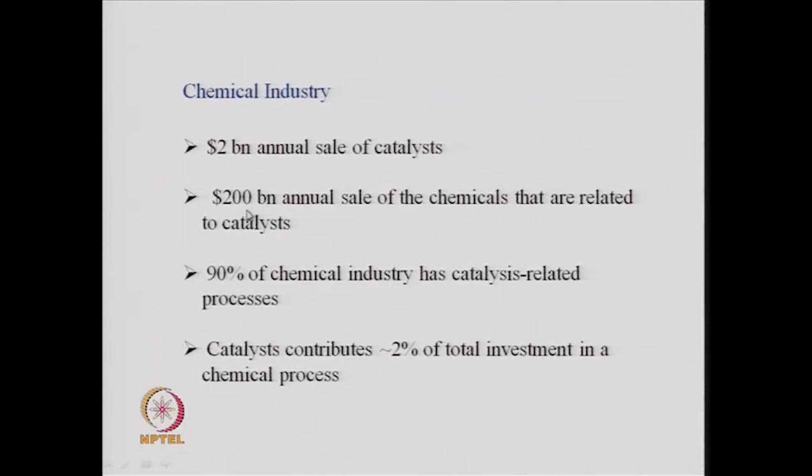So, it is $200 billion is the annual market for chemicals that are related to catalysts. 90% of chemical industry has processes which are catalytic, which have catalysts somewhere in the process. So, chemical industry uses a lot of catalysts in their technology, and overall 2% of the total investment in a chemical process, in a chemical plant, is towards catalysts.